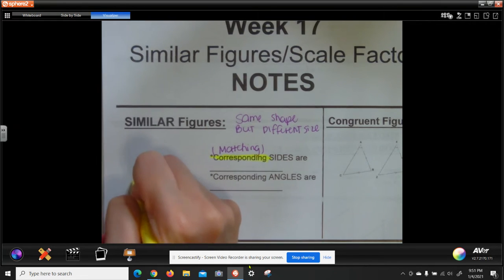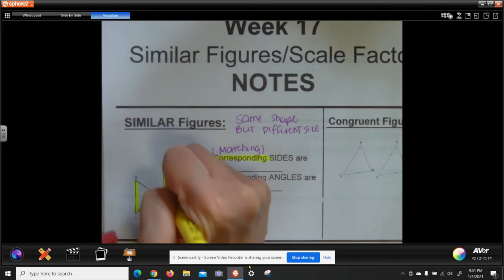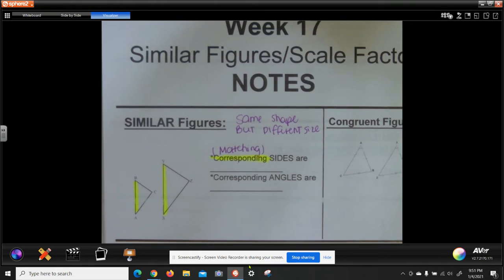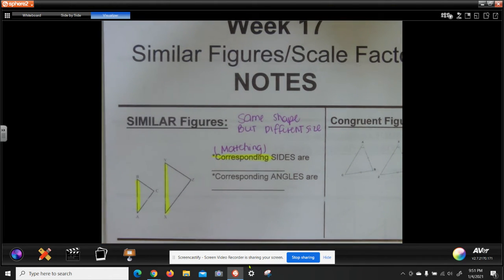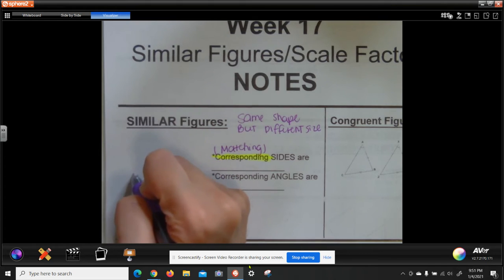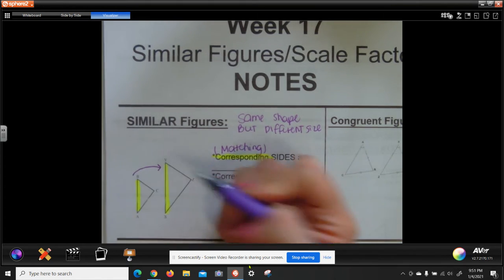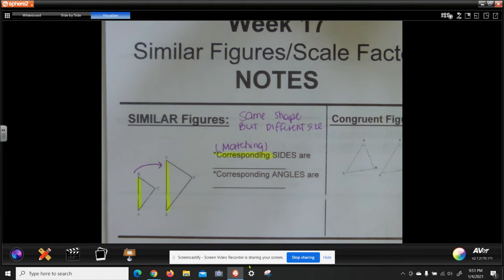So AB is going to correspond to XY. And we are matching them in a specific order. We're going to go from left to right, because that's how we usually read, and that's why we're going to color code them. So AB, XY.